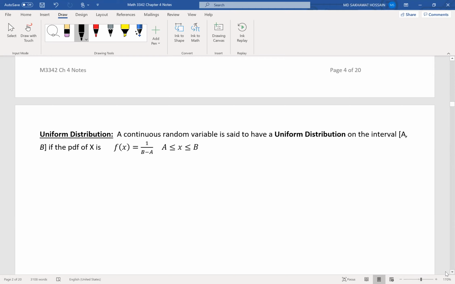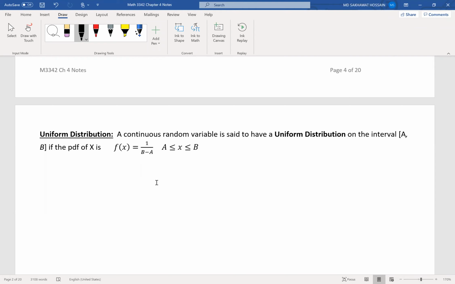We also have the discrete uniform distribution, but we'll not cover it in this course. We'll only consider the continuous uniform distribution. So whenever you see uniform distribution in this course, you will consider it as continuous uniform distribution, not discrete uniform distribution.